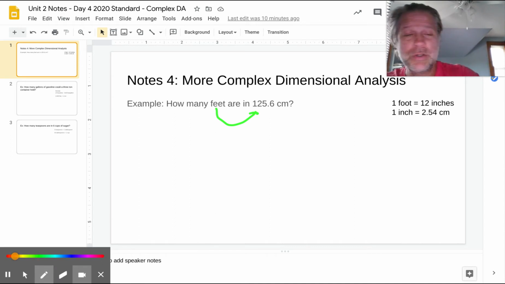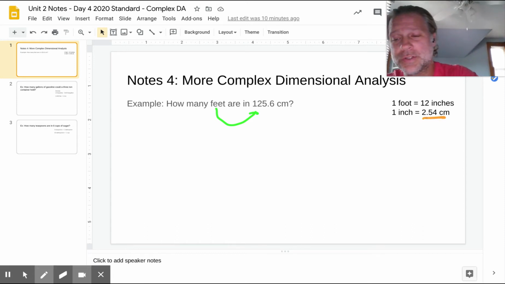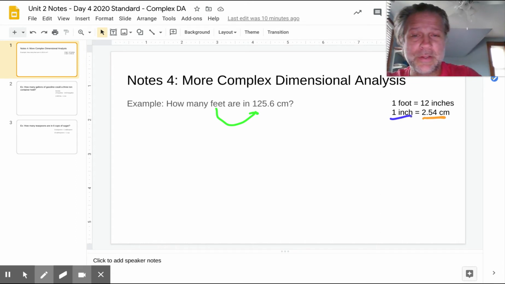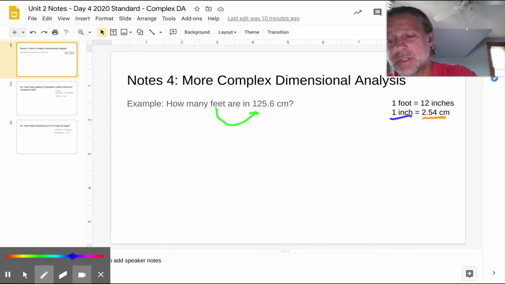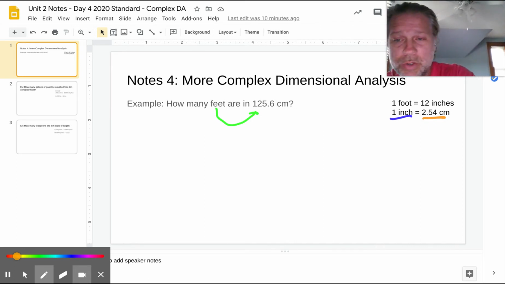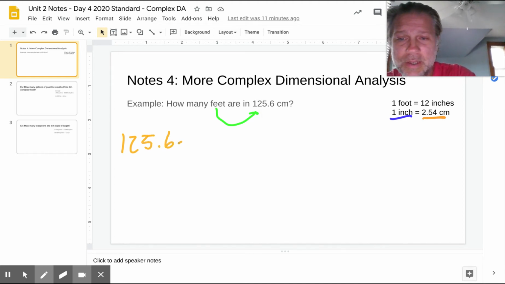So the first relationship that we need to focus on is the fact that 2.54 centimeters equals 1 inch, and that's really pretty important. Just like we started with our problems yesterday, we took our given value, which in this case was 125.6 centimeters.